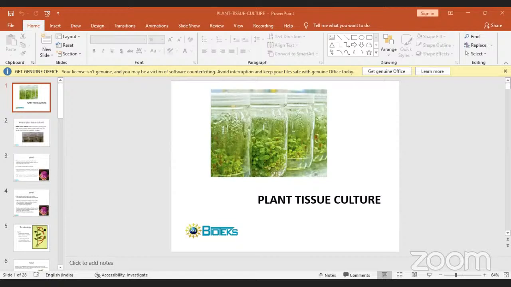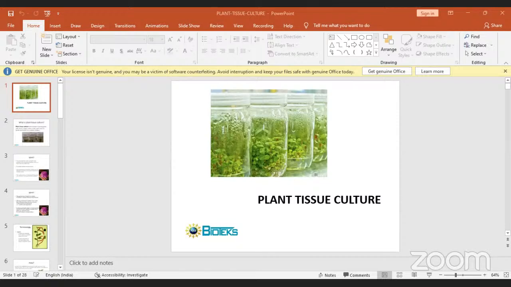It is the main method used in plant virus elimination programs. It is used for mass production of desirable genotypes and is helpful in clonal propagation. This is the meristem culture.